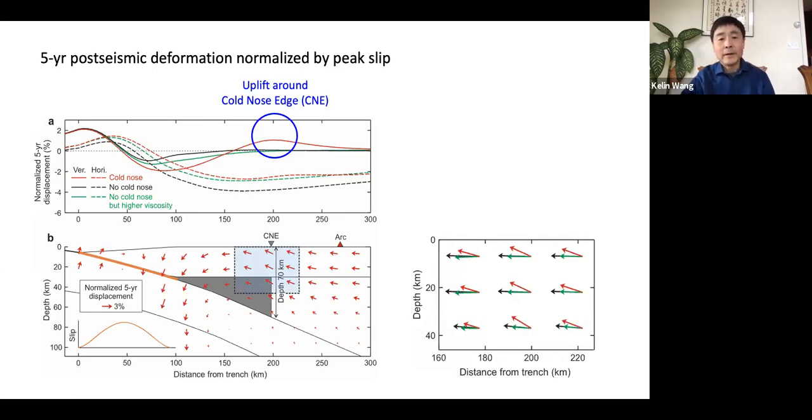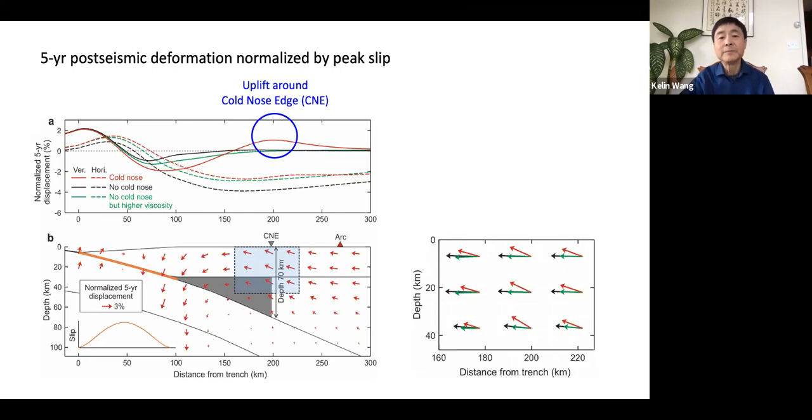As the earthquake induces a stress change, the viscoelastic relaxation of stress change induces a mantle wedge flow in that direction. And that flow is very different from the background mantle wedge flow I mentioned earlier. This is just a perturbation on whatever background field.